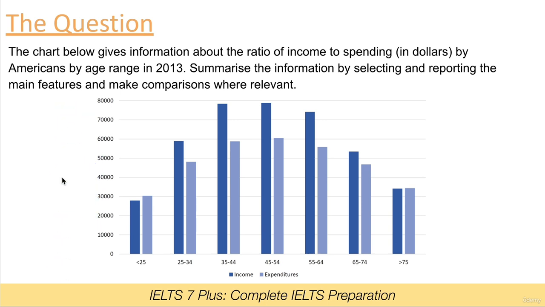Okay, initial thoughts. The younger and the older members of society have more of an equal ratio, whereas middle-aged members of society have higher income to their expenditure.